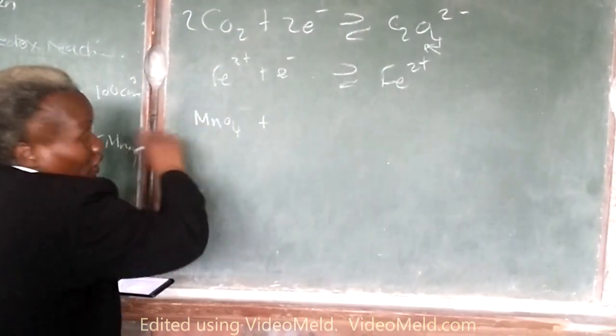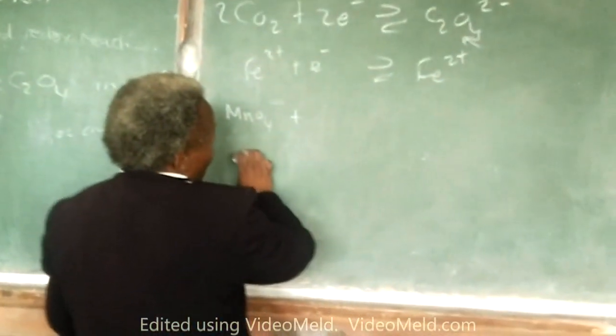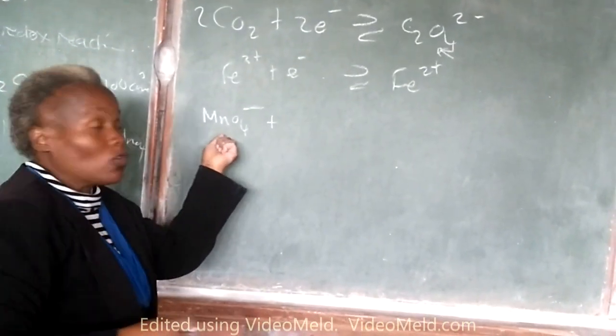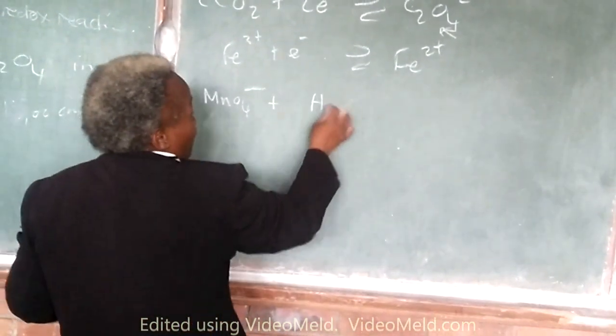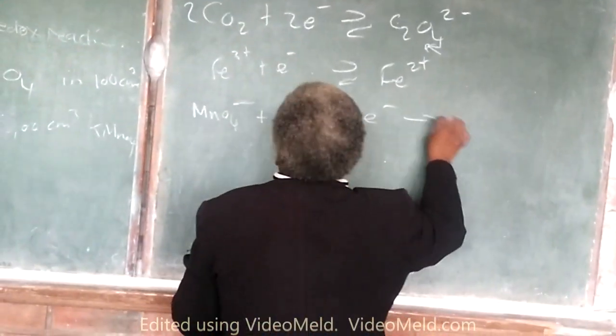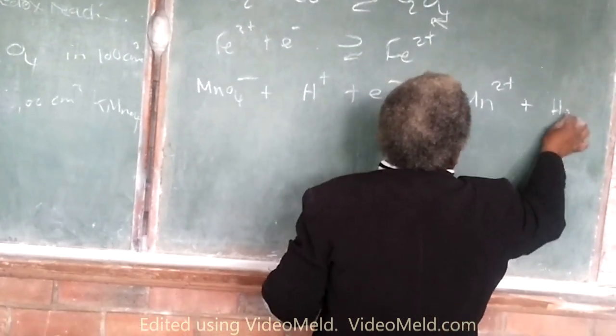Let's use this one to show how we can construct that half equation if you were not given. This one normally undergoes reduction because it's an oxidizing agent. It normally operates under acidic conditions, and it's normally reduced to Mn2 plus water.